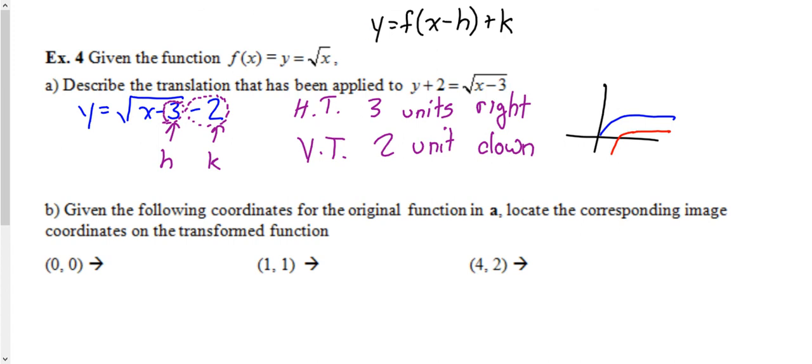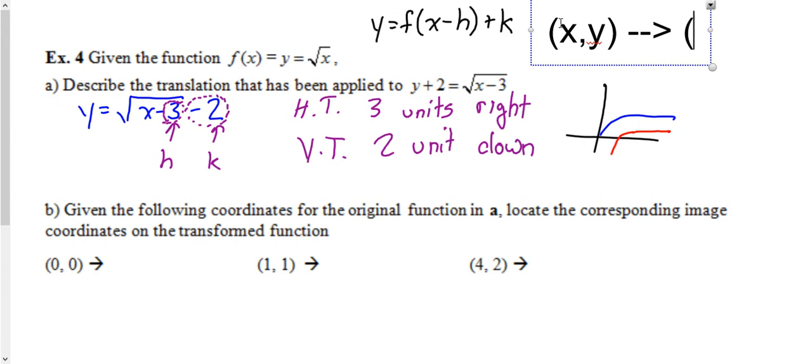We're going to do something called mapping. Mapping is a very, very good skill set to kind of just draw out information and see what happens to it. So all your original coordinates are always x, comma, y. Those are always your original. What happens to x, comma, y is the following.